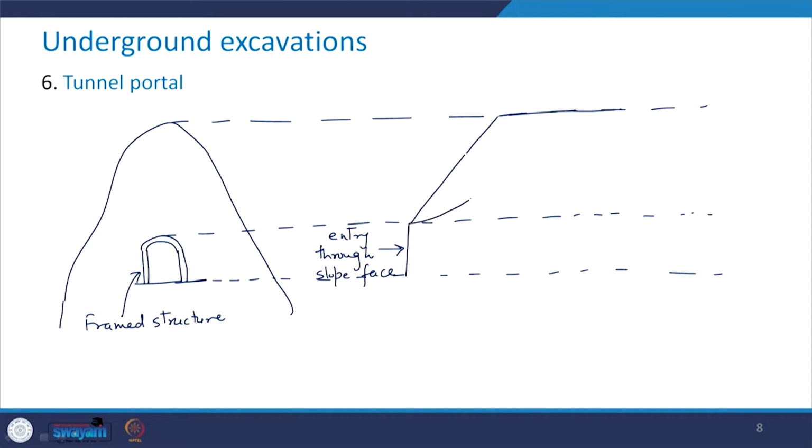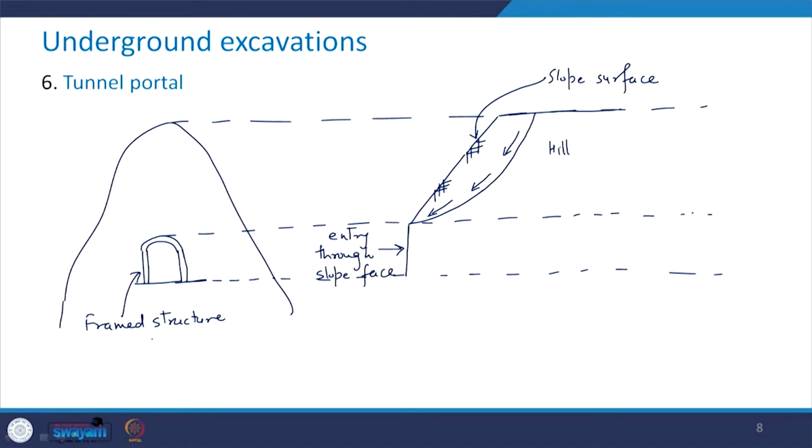Now, see, there may be this kind of failure surface. So, this portion is of hill, and this is your slope surface, this is your ground level. There will be this kind of tendency for this material to slide.